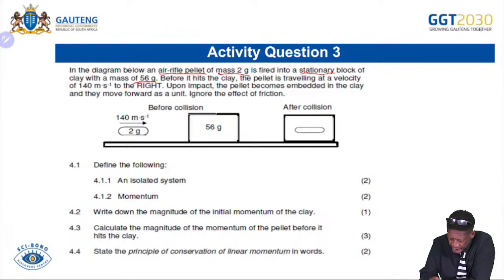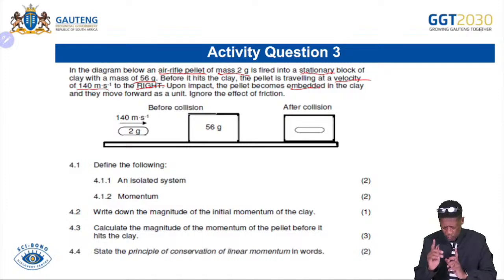Before it hits the clay, the pellet is traveling at a velocity of 140 meters per second to the right. Upon impact, the pellet becomes embedded inside the clay, and they move forward as a unit. They move together as one unit.